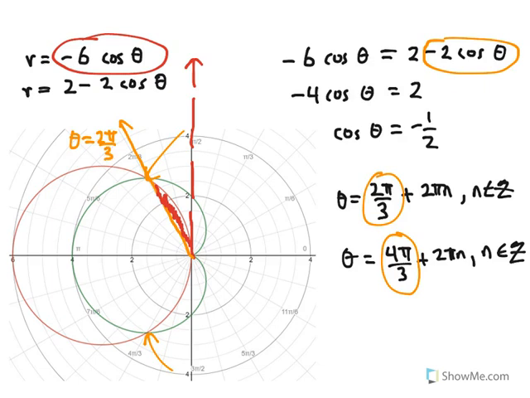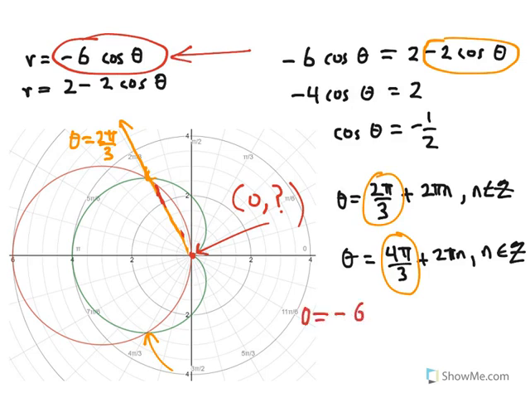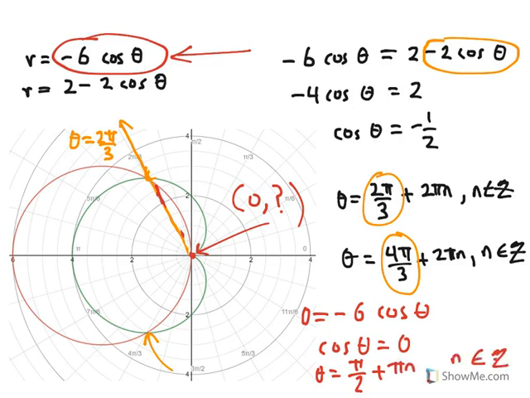Here's how you can do it by setting up an equation if you want to do it that way. You're going to see that this particular point on the circle is at the pole where r is equal to 0. The question is, what is theta? So you take this polar equation for the circle and set that equal to 0, and when you do that, you get cosine of theta is equal to 0, and that happens when theta is pi over 2 plus pi n, where n is an integer.